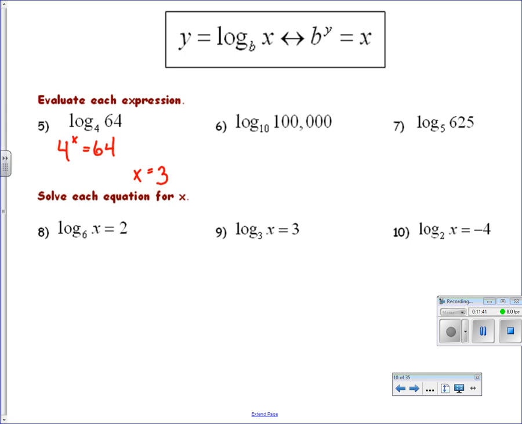This one we could say, okay, 10 to what power makes 100,000? So that's what we would be thinking. So we're okay with 4? Okay. And again, we could put that in the calculator, but these are so easy that it doesn't really pay to put them in the calculator. Oh, it's 5. Oh, thank you.